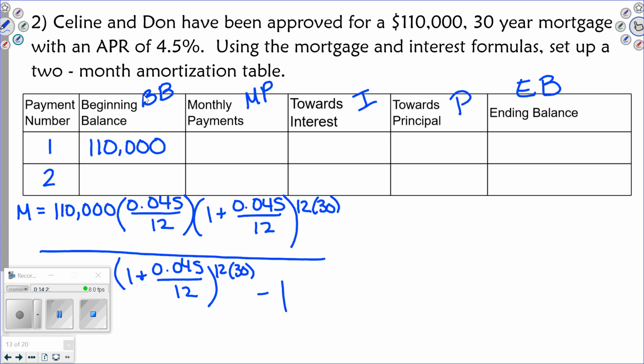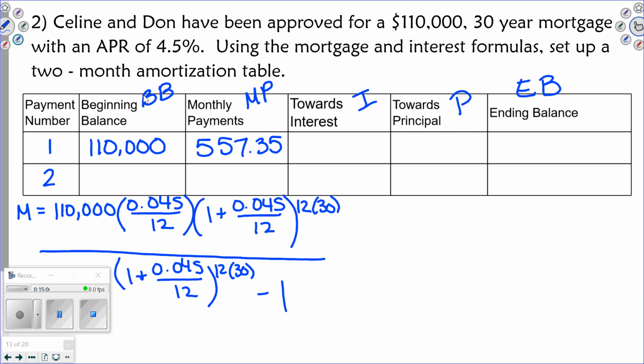What did we get for a monthly payment? Did anyone calculate the monthly payment yet? Good. $557.35. All right, so there's my monthly payment.